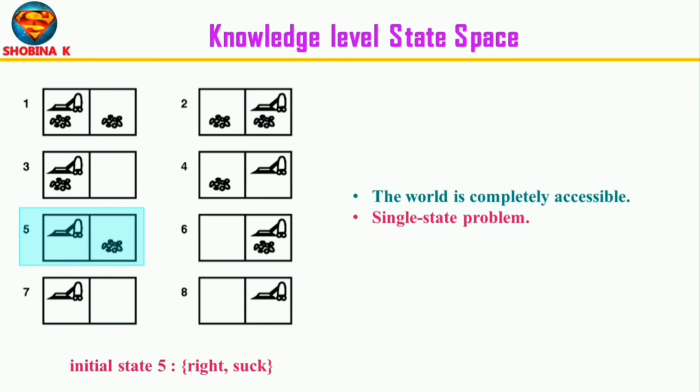Suppose the agent sensor gives the information about which state it is in, that is, the world is completely accessible. And suppose it knows exactly what each of its actions does, then it can calculate exactly what state it will be in after any sequence of actions. For example, if the initial state is 5, then it can calculate the result of the actions right and suck. This simplest case is called single state problem.